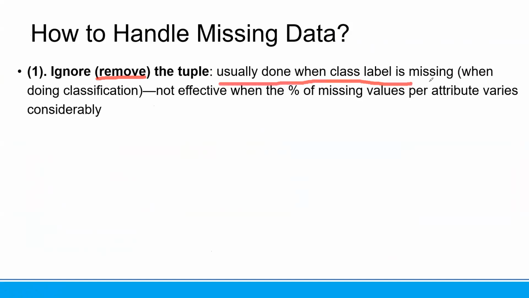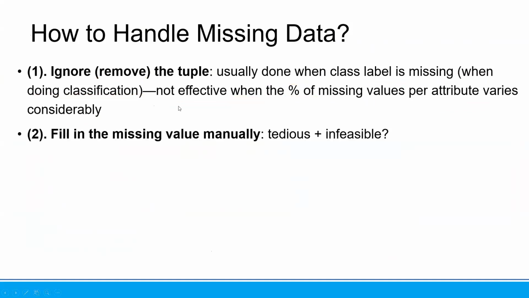Usually done when the class label is missing, especially when we want to do the classification. It is not effective when the percent of missing values per attribute varies considerably. So we will check what is the meaning of this.